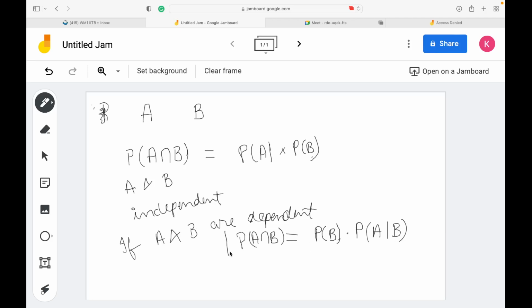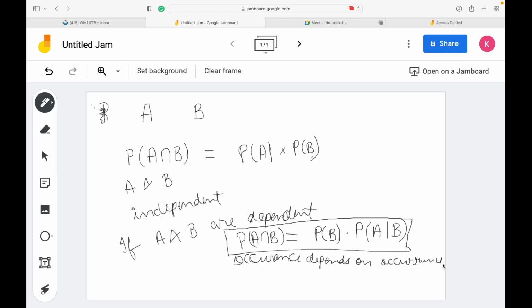So this is the formula when it is given that the occurrence of A depends on the occurrence of B. Okay.